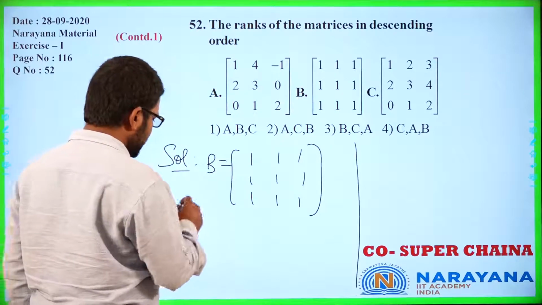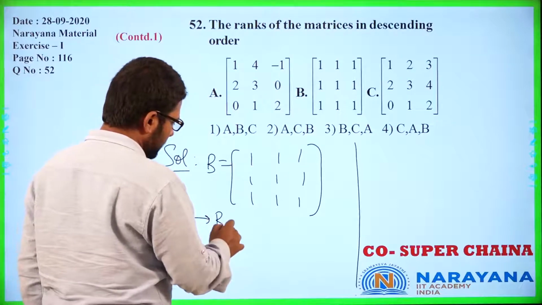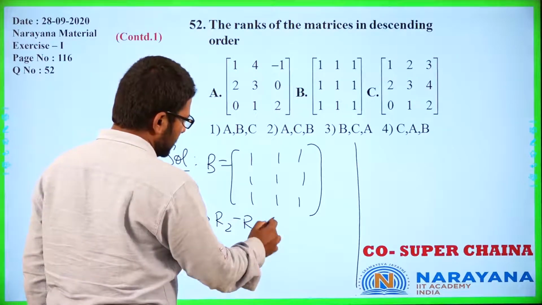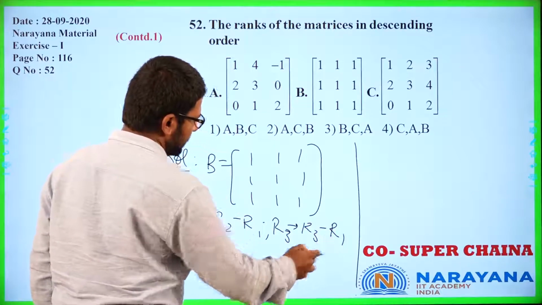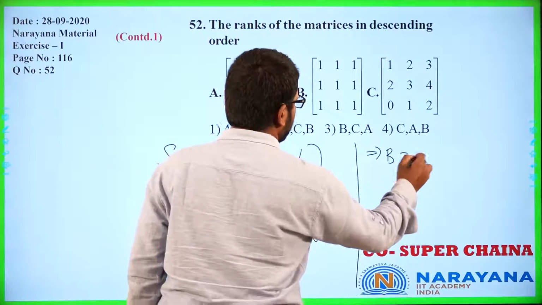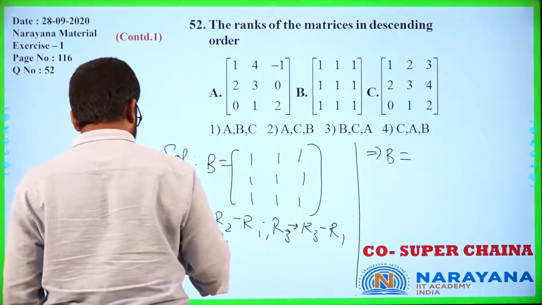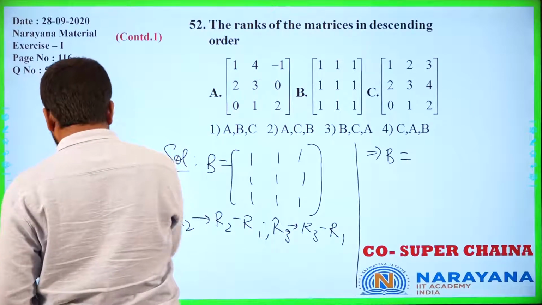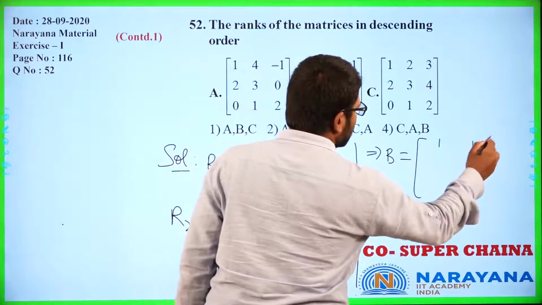What will we do? We will say R2 goes to R2 minus R1, R3 goes to R3 minus R1. So we are left with B equal to: R1 would be the same.